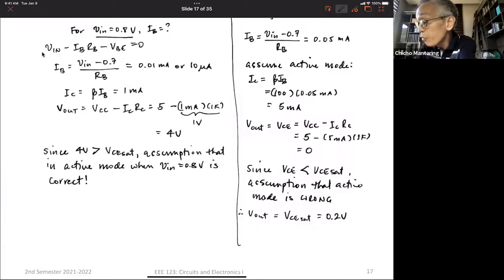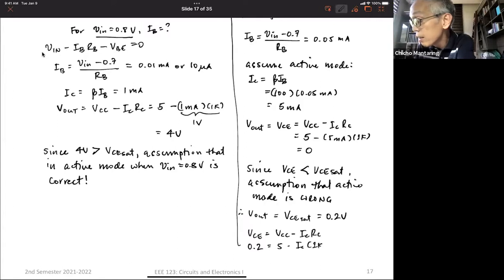And if I wanted to compute for IC, I can use this equation. VCE is equal to VCC minus IC RC. This 0.2 is 5 minus IC times 1K. And therefore I can compute now for IC. My IC would be equal to 5 minus 0.2 over 1K.